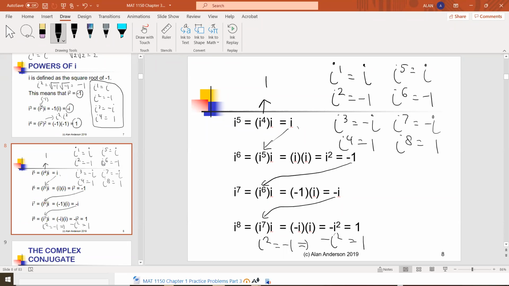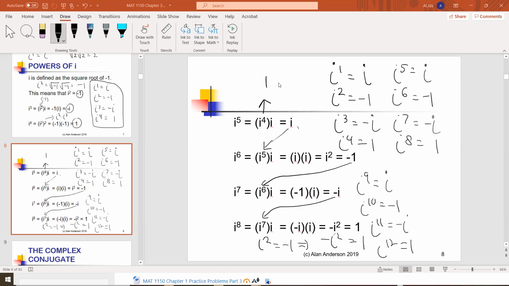The first 4 powers are the same as the 5th through the 8th powers. Okay, these are all the same. i to the first and i to the 5th are the same. i squared and i to the 6th are the same. i cubed and i to the 7th are the same. i to the 4th and i to the 8th are the same. So that tells me that i to the 9th would be i, i to the 10th would be -1, i to the 11th is -i, and finally i to the 12th is +1. It just keeps going through the same cycle.